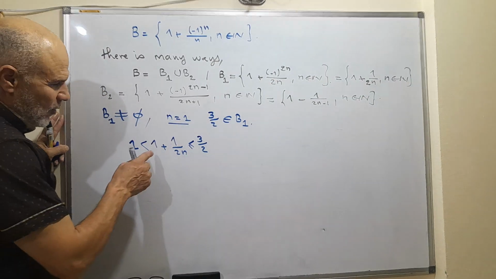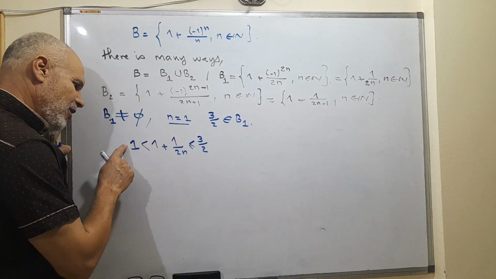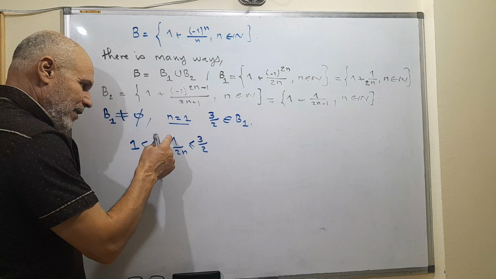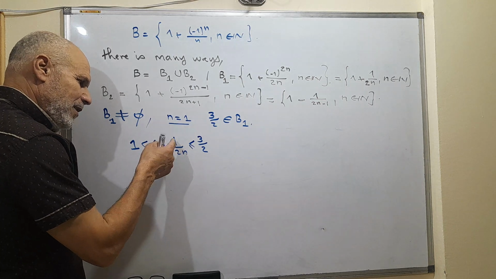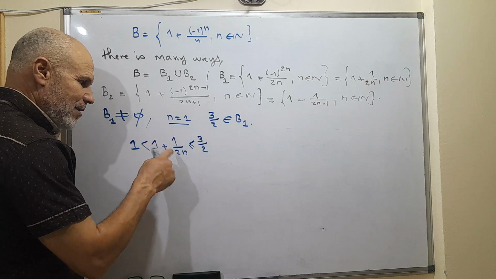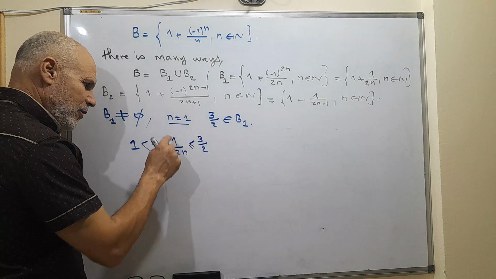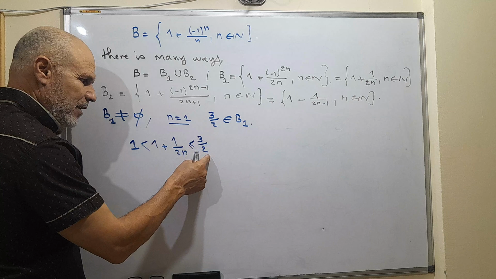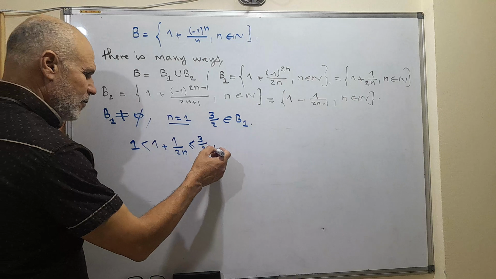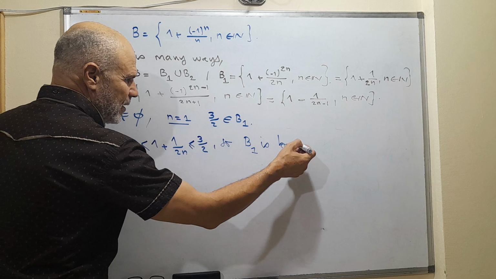Why? Because here we add positive terms to 1, so this is strictly greater than 1. And 1 over 2n, this is the maximum that we can get for this value, so all the others are less than or equal to 1 over 2, giving 3 over 2. This is for B1. So B1 is bounded.